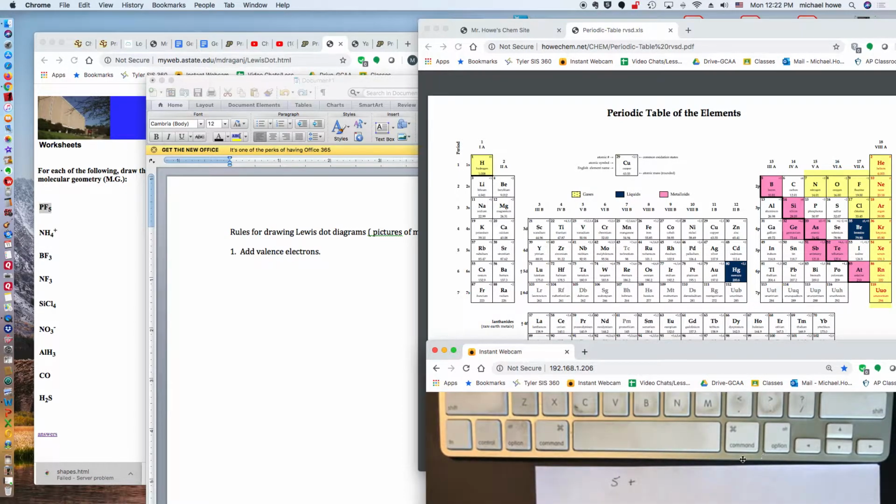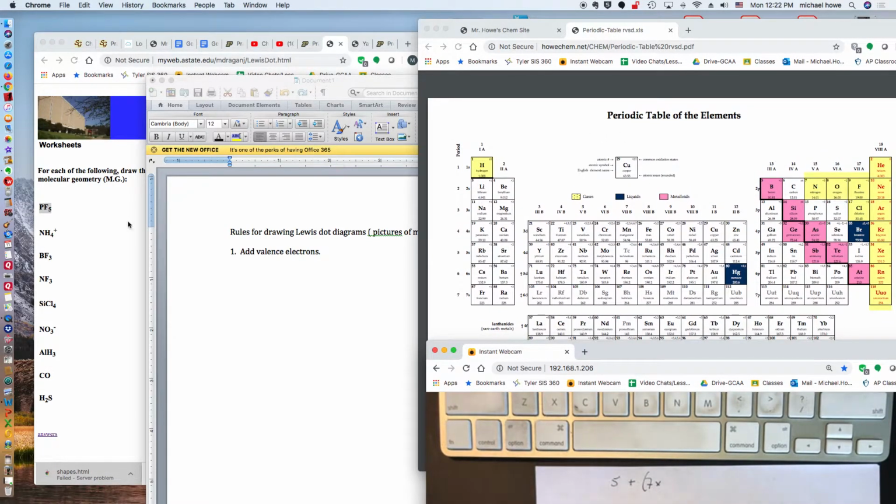And the other element over here is F, with 7 valence electrons. Since there are 5 atoms of fluorine, I have to multiply that 7 by 5. So 5 plus 35 is 40. So there would be 40 valence electrons in PF5.